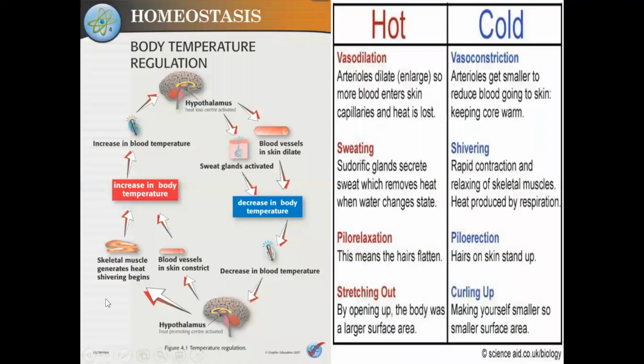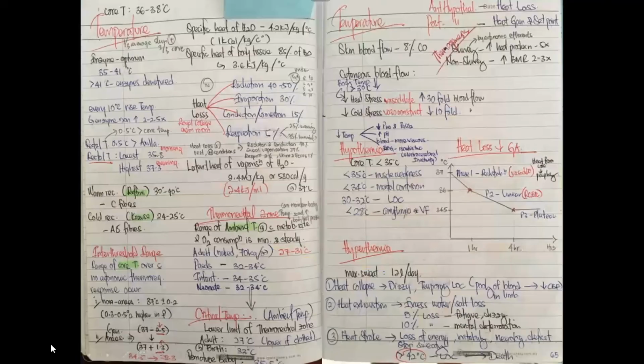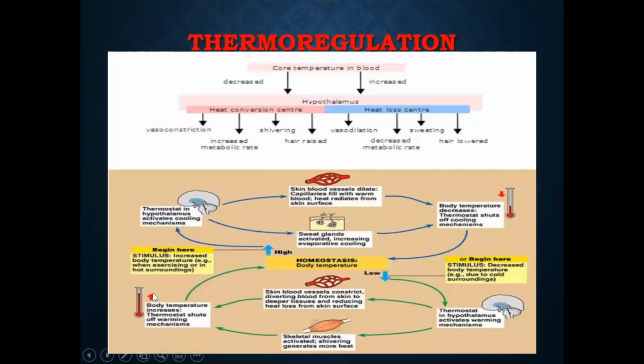Okay, that's about it. So when you want to know how this thermoregulatory mechanism occurs, you have to have three main things: one is the sensor, one is the effector, and the middle is the controller.